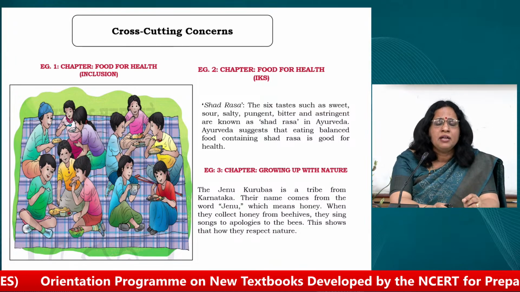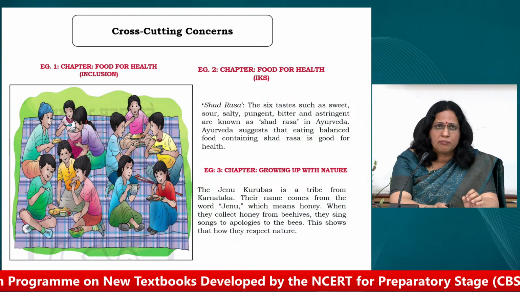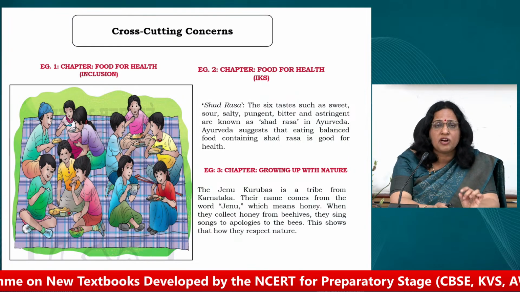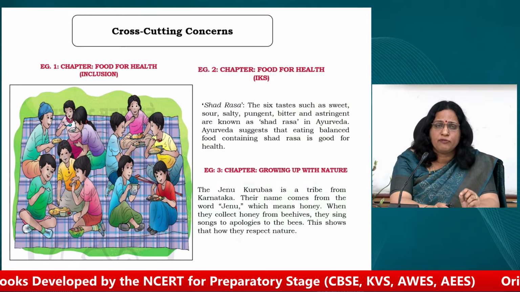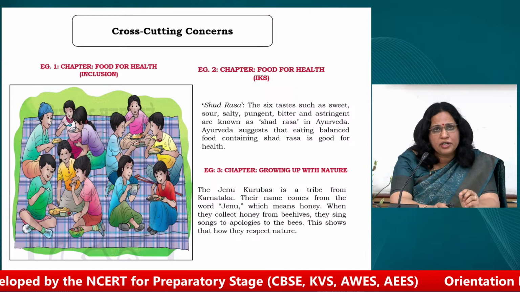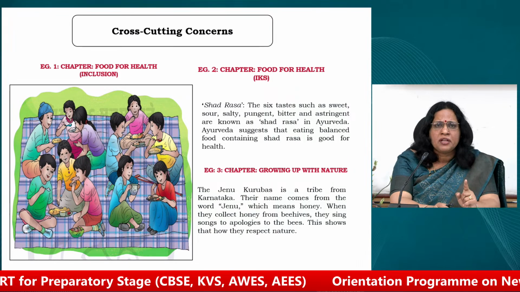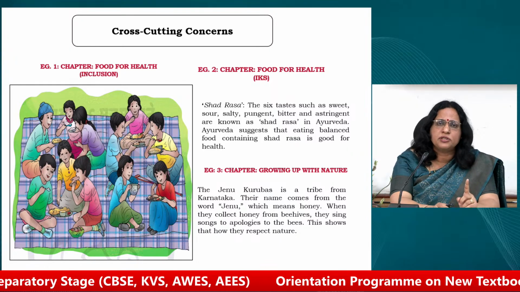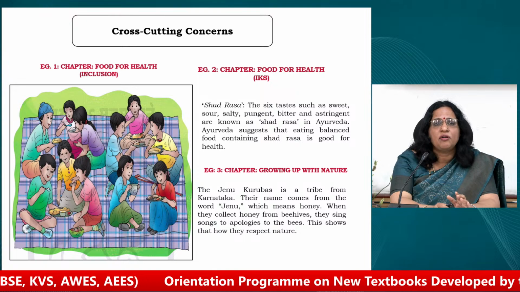At the same time, as a part of the Indian knowledge system, we have tried to include indigenous knowledge in every chapter, adequately and appropriately. For example, in the same chapter, we talk about Shadrasa, which is an Indian concept. And in the next chapter, Growing Up with Nature, we have illustrations of indigenous practices of different communities.